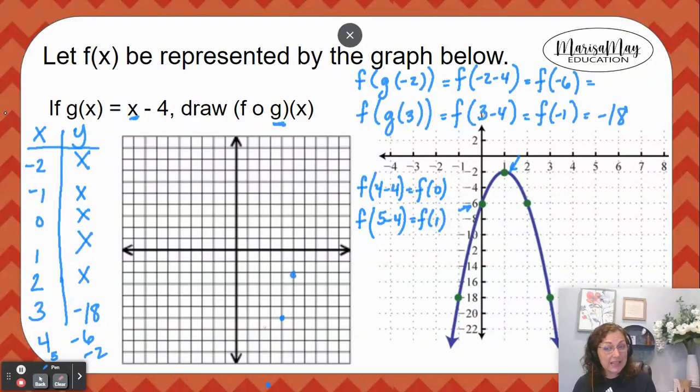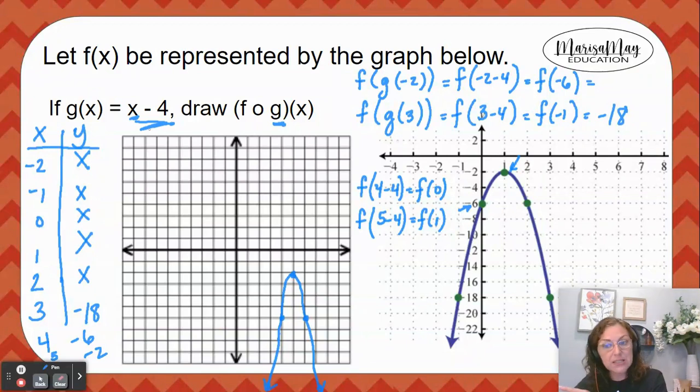And then you can continue the pattern, right? We're just doing the parabola shifted over, right? Shifted over. But that's how I do it point by point, okay, until I can see that pattern. And many of you may be going, well, I know x minus 4 when it's on the inside means to shift right 4.